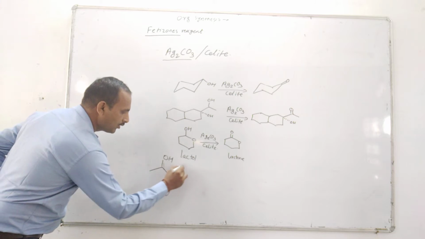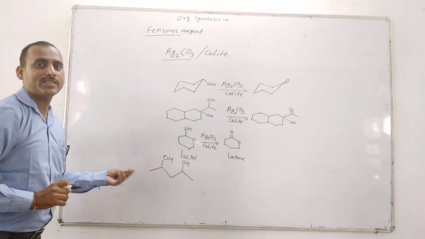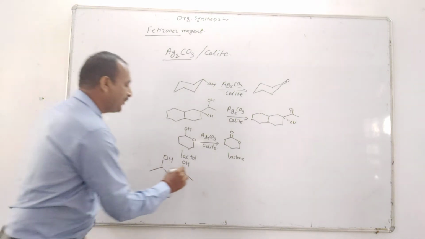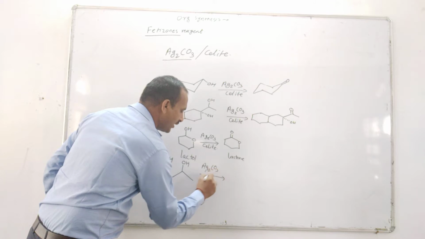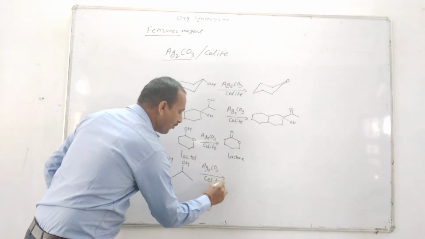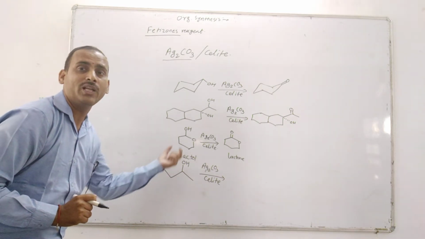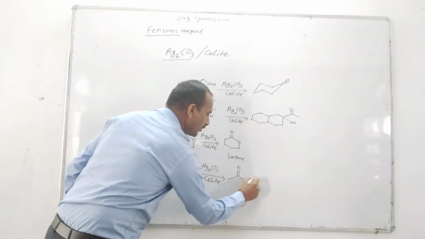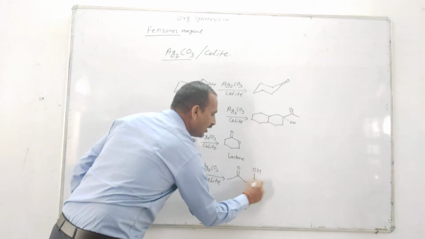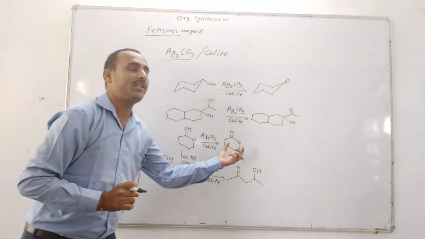OH, OH. Now this is the symmetrical diol structure. Now by using this Petitjohn's reagent, only one hydroxyl group, one alcohol is oxidized, and the other hydroxyl group remains as it is.